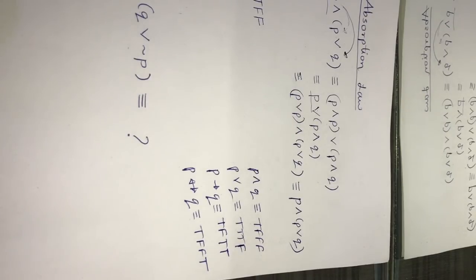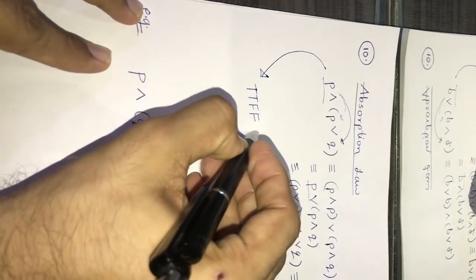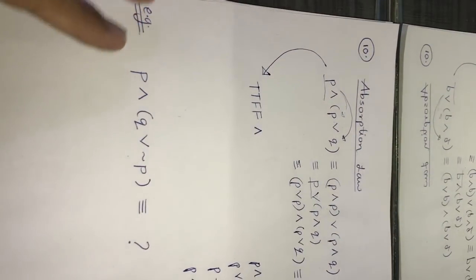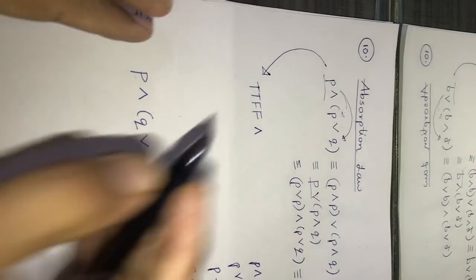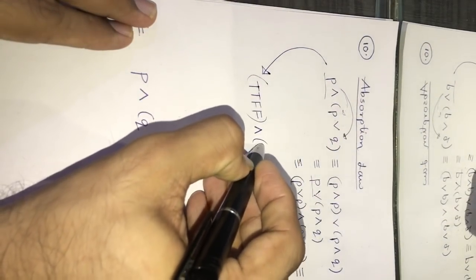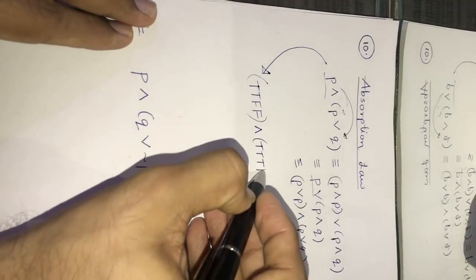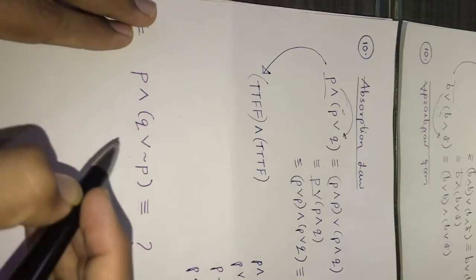Okay, so we come back to the truth table here. I want to find out the absorption law by truth table: P and (P or Q). So I have written down the truth values of P: true, true, false, false. P or Q is true in the majority of cases, only false in the last case where both are false.